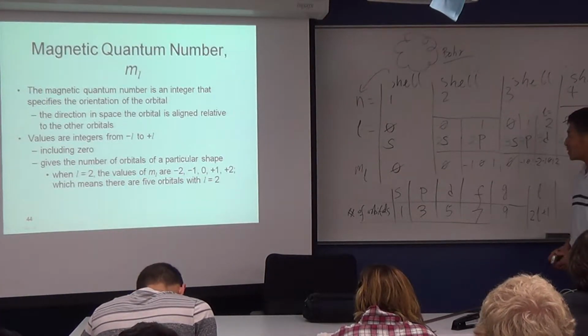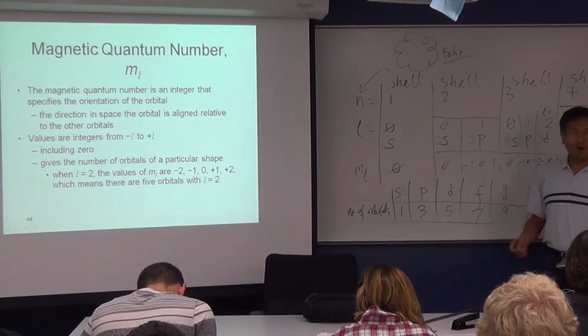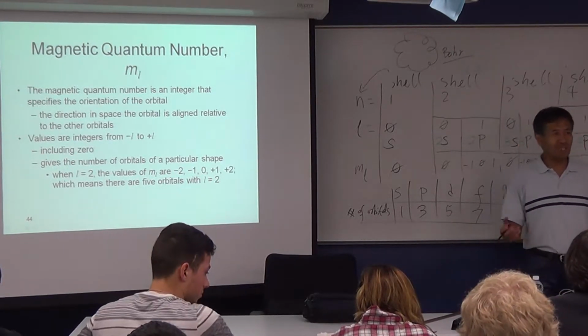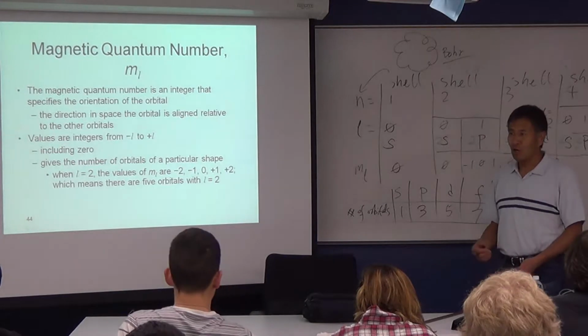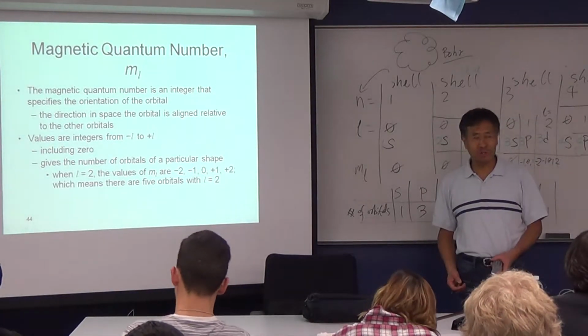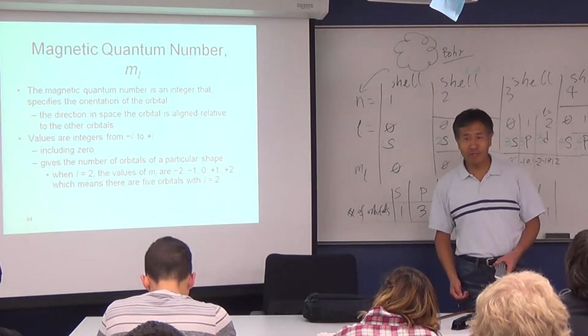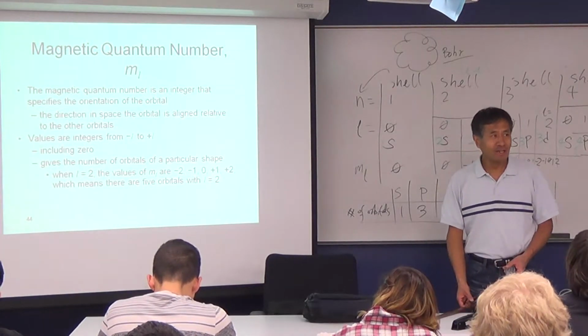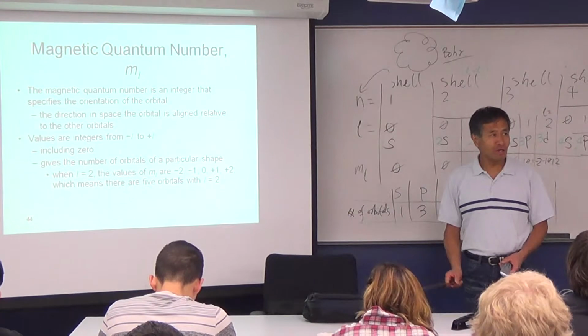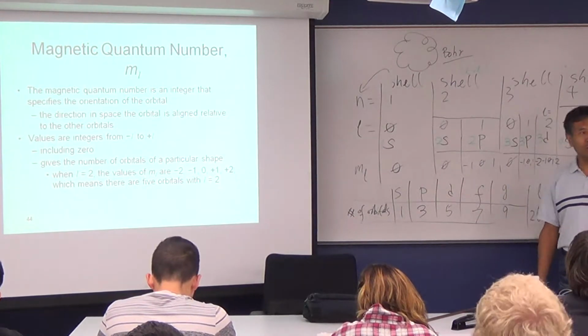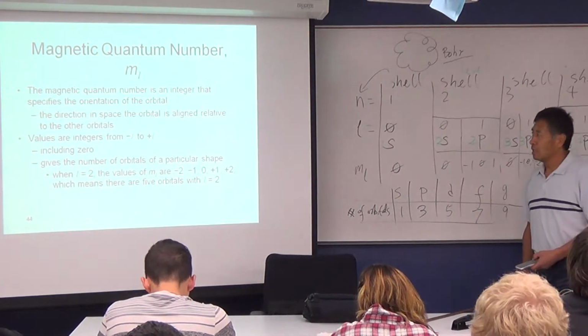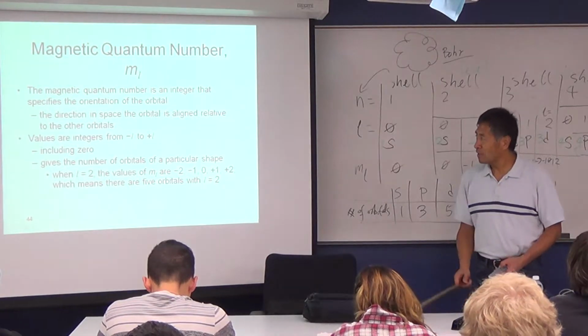Now, how many orbitals are in the s subshell? How many orbitals in the p subshell? That depends on what again? It depends on ml, on how many ml values you have.